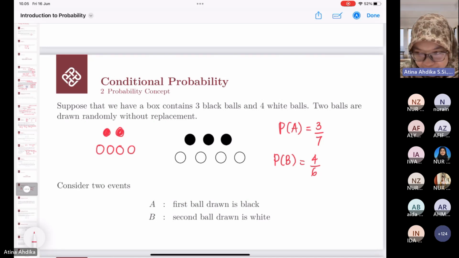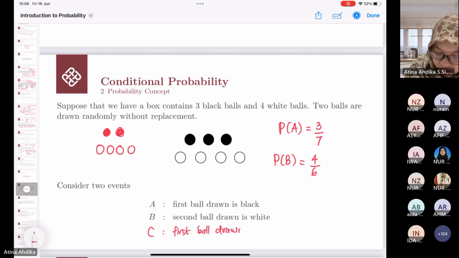Can you tell the difference between this one? I have C, the first ball drawn is white. If I have this event, what is the probability of C? 4/7. Yes, right.